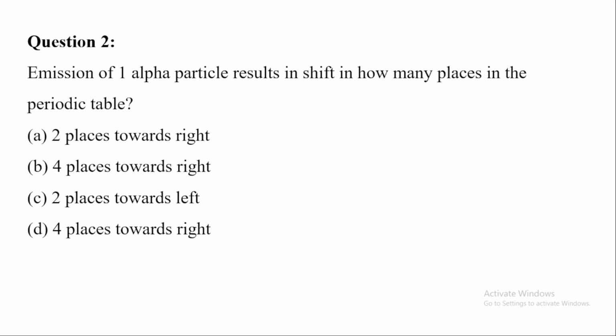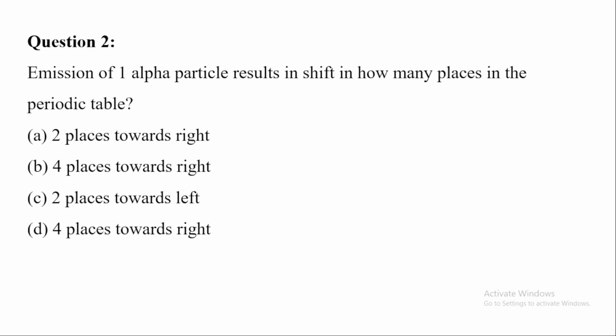So an alpha particle is basically equivalent to the helium nucleus. So helium has the atomic number of 2 and the atomic mass number of 4. That means it has 2 neutrons and 2 protons in its nucleus. Okay, so an alpha particle is similar to a helium nucleus.